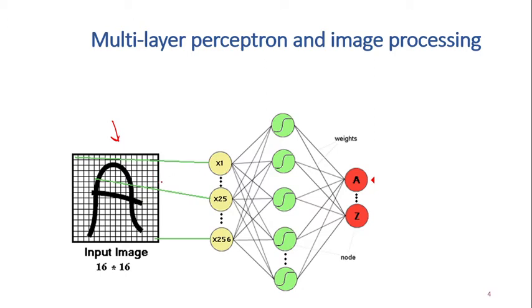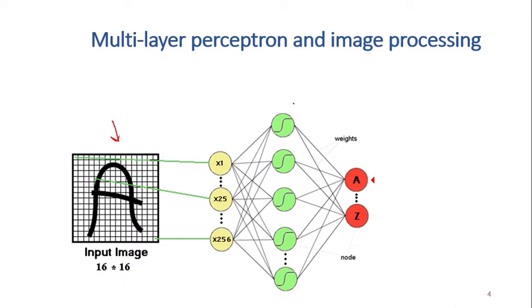But if it is a colored image, then we require 3 times these nodes, because then the input size is 16 cross 16 cross 3, as we have seen in the previous module. In this example we are taking a black and white, or grayscale, image. So we require 256 nodes to take the input of this particular image.